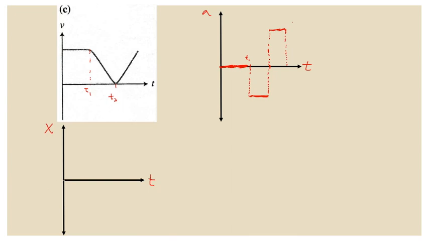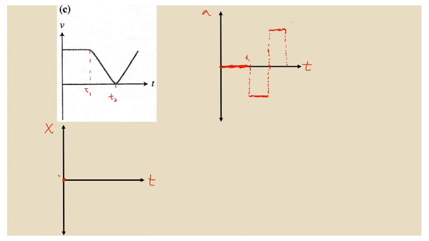Okay, so the position versus time graph one is a little annoying. So I'm going to have this start at the origin just to be normal. And I am going to look at the velocity versus time graph, and I am going to notice that in the beginning, the slope of the velocity versus time graph is 0, but that doesn't tell us anything about the position. I have to read about what's happening to the velocity itself. And so in the beginning, the velocity is constant.